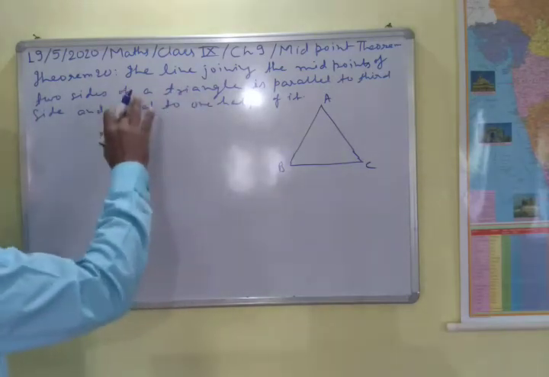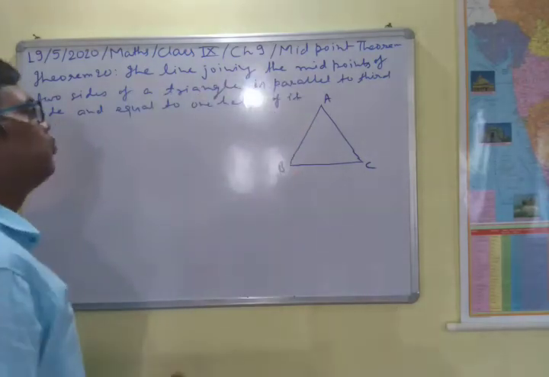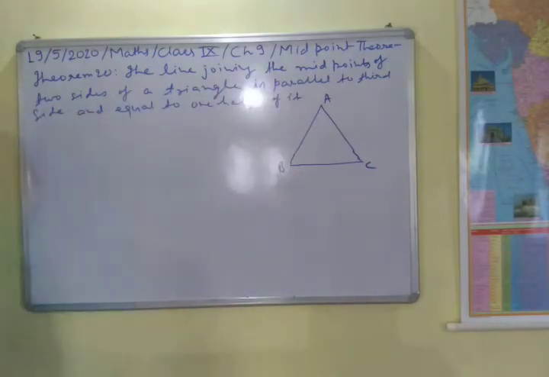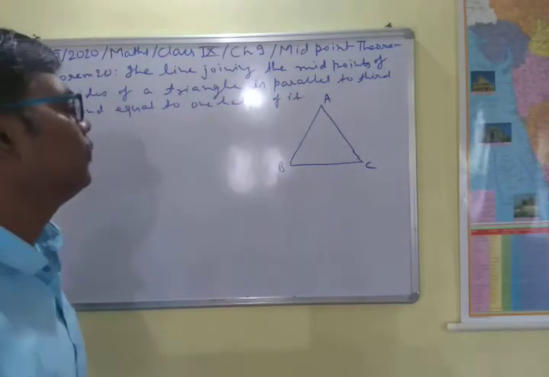In this theorem, the theorem states that the line joining the midpoints of two sides of a triangle is parallel to the third side and equal to one half of it.